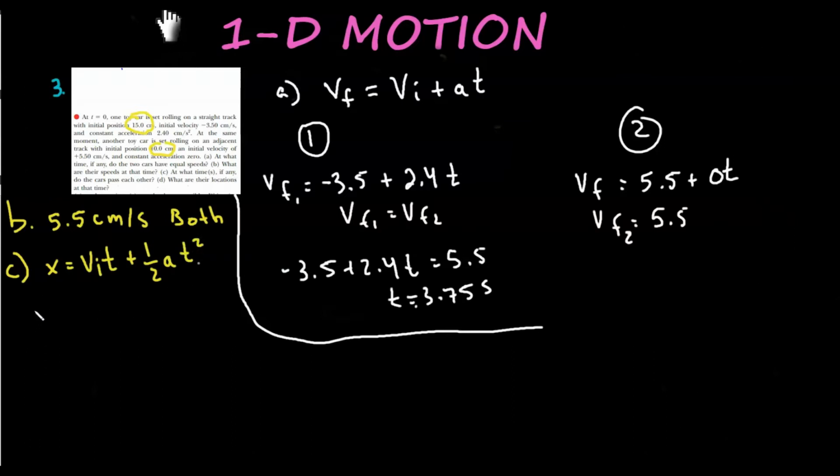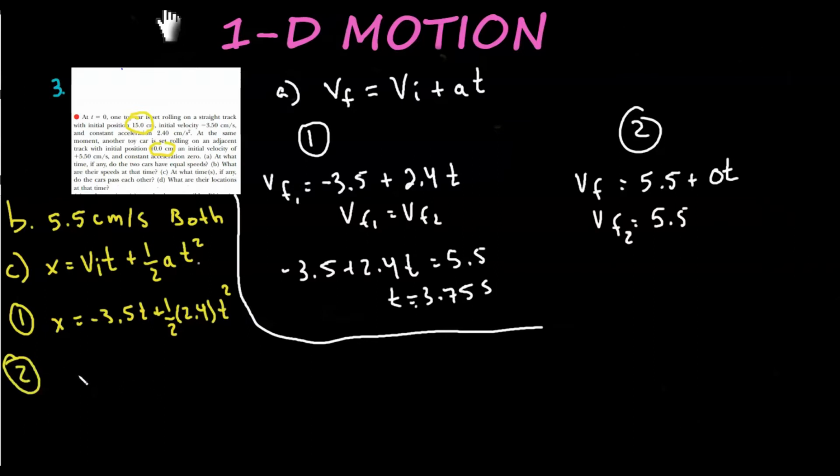So for car 1, we get that x is equal to negative 3.5 t plus 1/2 times 2.4 t squared.